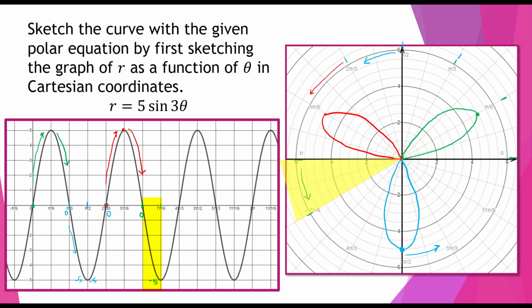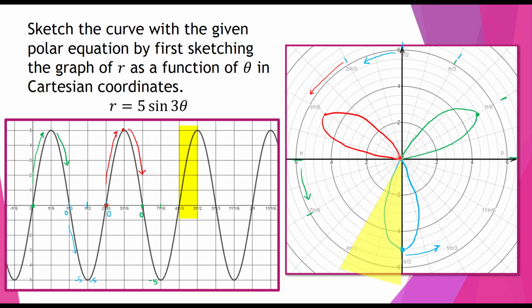However, because our radius is negative, our graph will instead land between angles 0 and pi over 6. And so we get this portion of the curve again. From 7 pi over 6 to 4 pi over 3, we get this portion again.